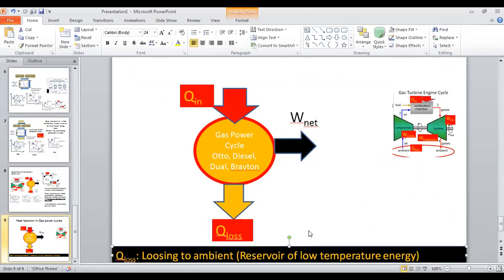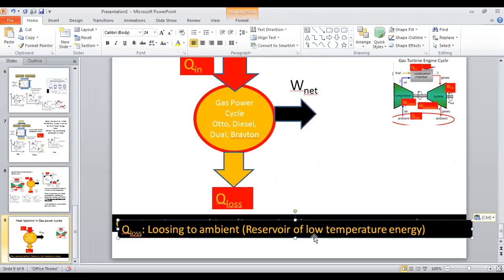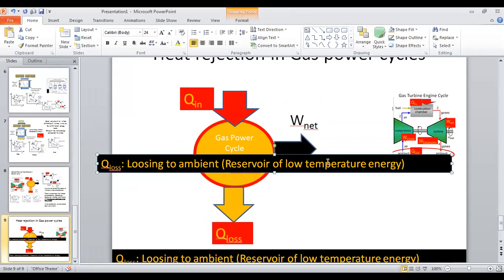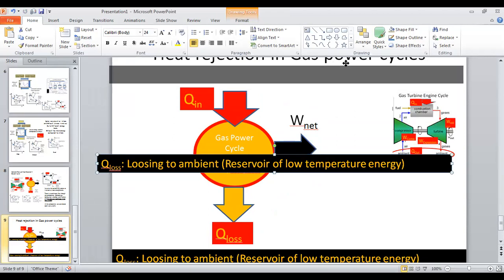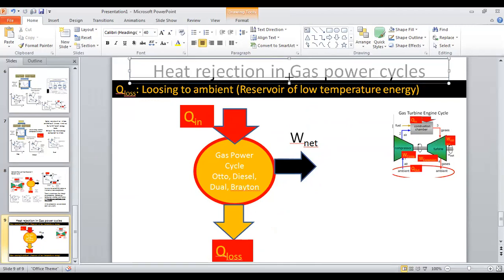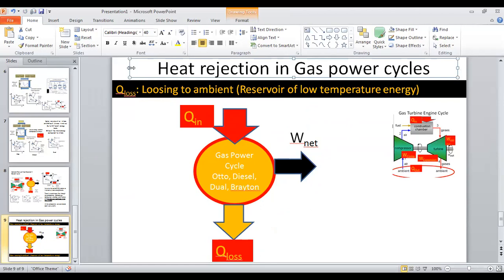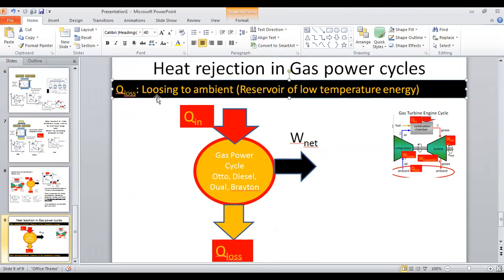Same way, because of the continuous fuel supply. Fuel is a very dense source of energy. So at the combustion chamber, it's continuous.